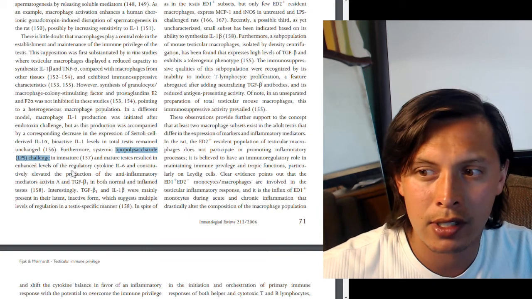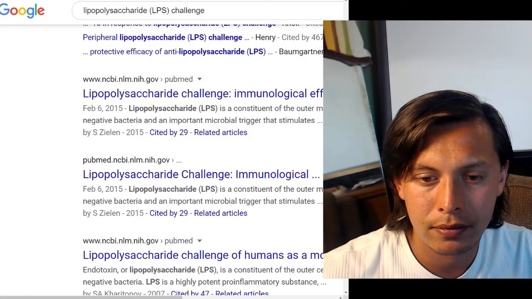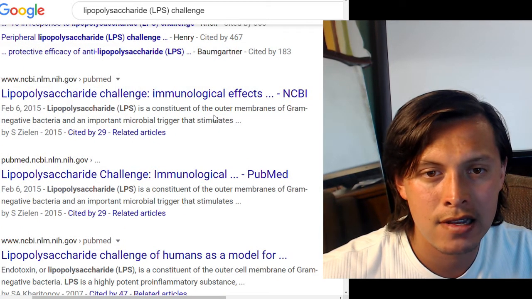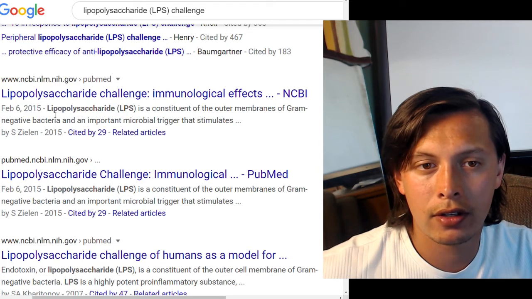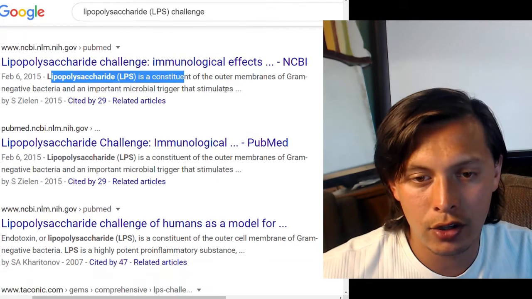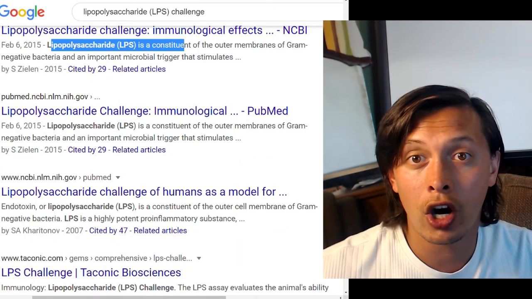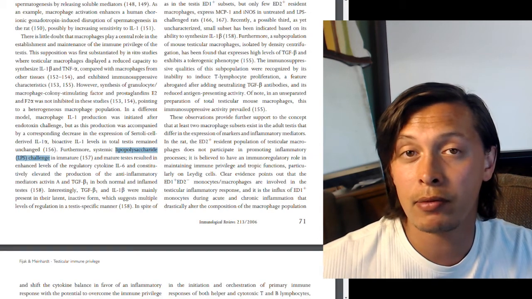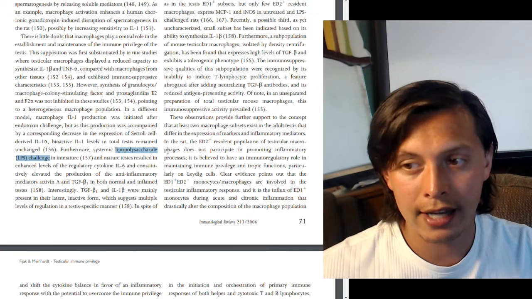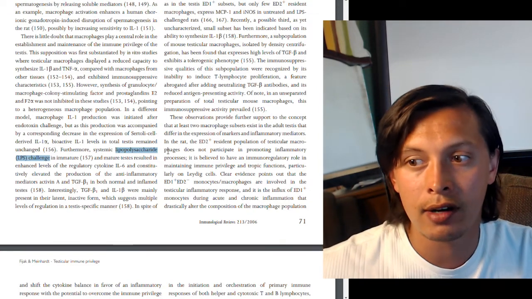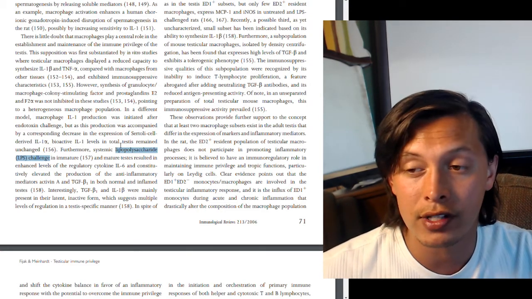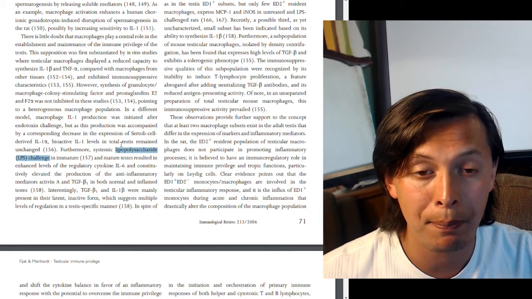So let me look this up just to make sure I have this right. Oh, I see. So by injecting lipopolysaccharides into tissues, you are in effect simulating the presence of bacteria. And when you do that, then the immune system sees those lipopolysaccharides and starts acting as if there is bacteria in that location, right?